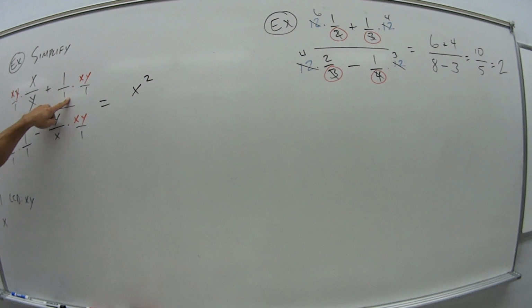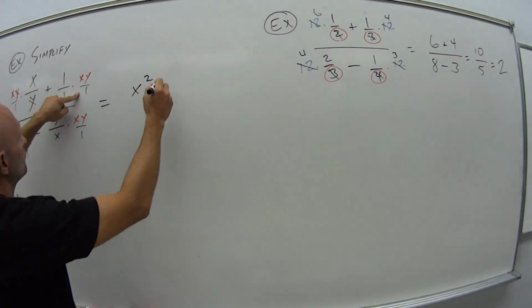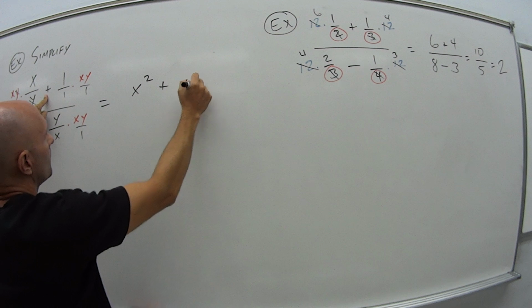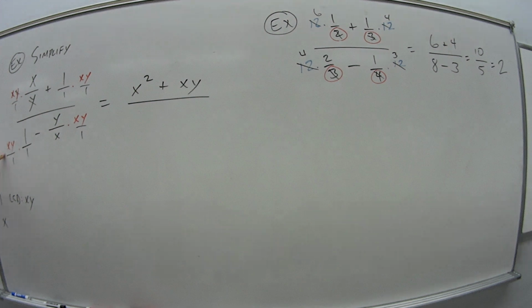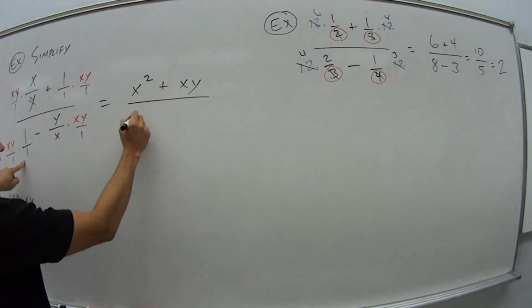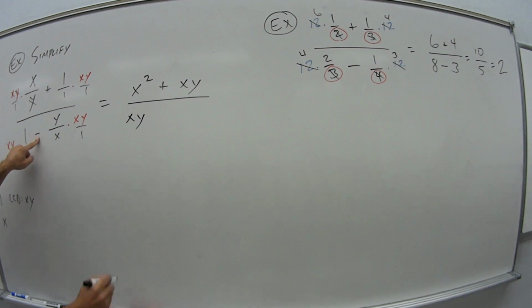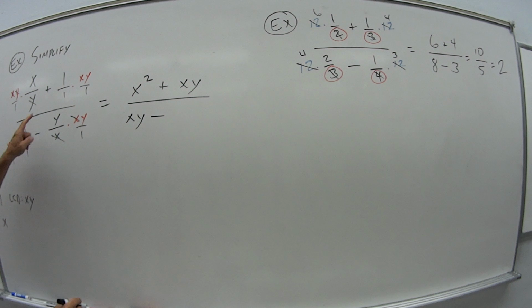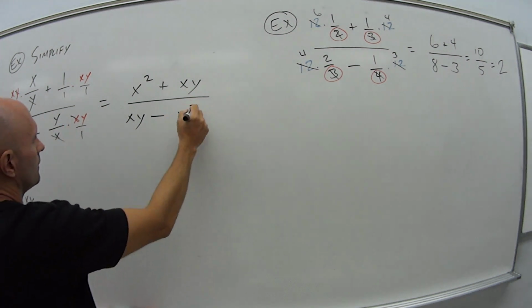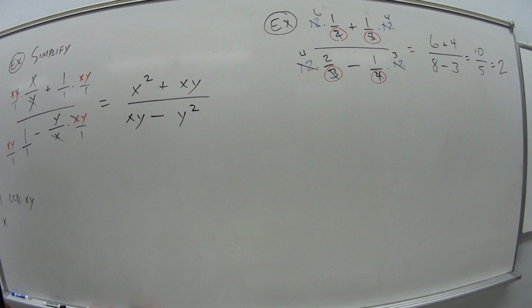How about here? 1 times x times y, and I have the plus sign here. So I get plus xy. Here, I have xy to start, because I'm multiplying by 1, minus, and now the x is canceled. So I have y times y, minus y squared.